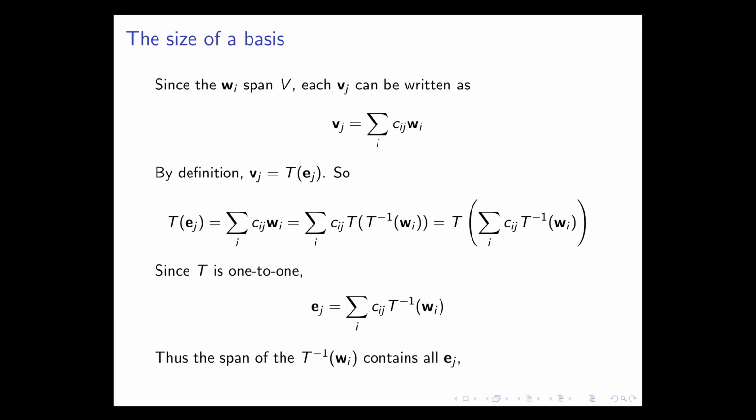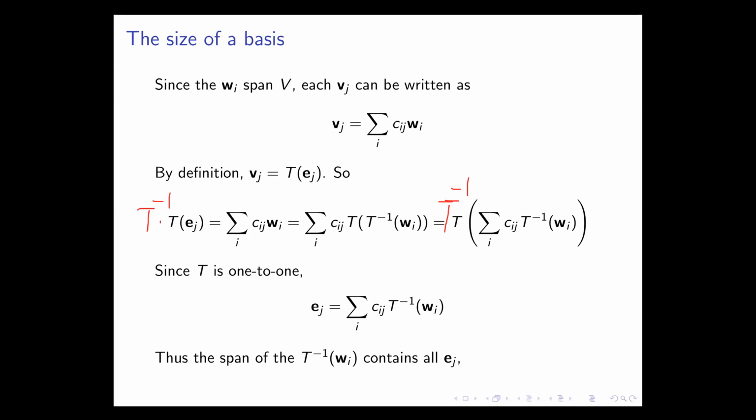Now, because T is one-to-one, we can apply T inverse to both sides. So T and T inverse cancel each other, and then we get that ej is equal to the sum of Cij times T inverse of Wi.